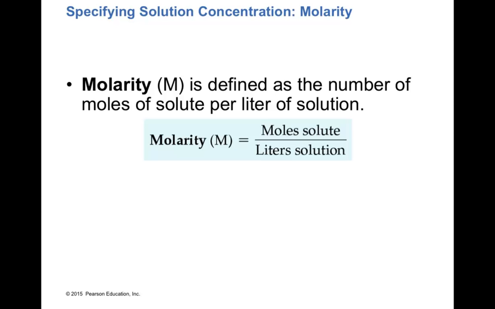A solution is composed of at least two components. One is known as the solvent, and the other is known as the solute. The solvent is normally the component present in the greatest amount, and all the other components are called solutes.